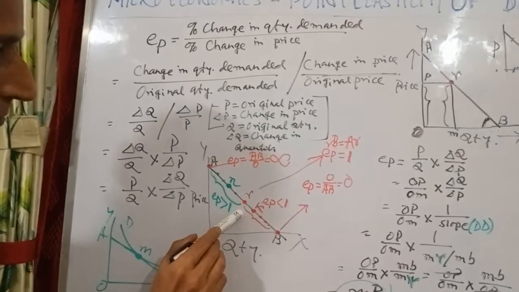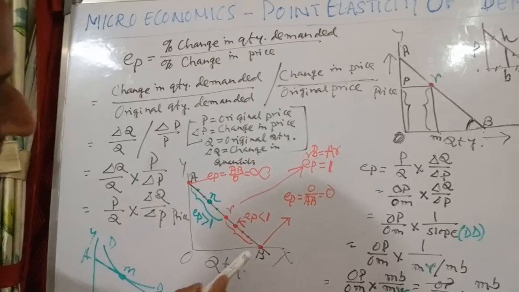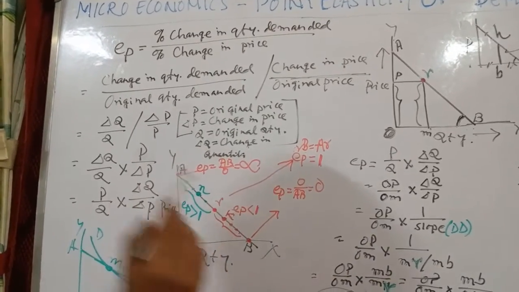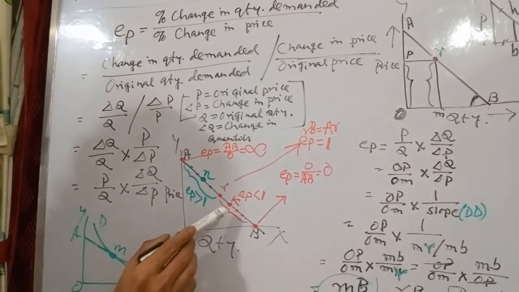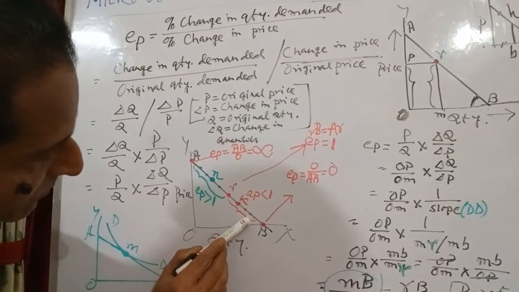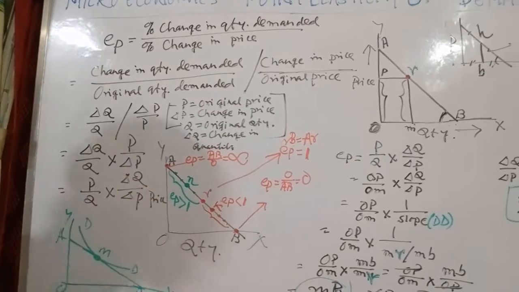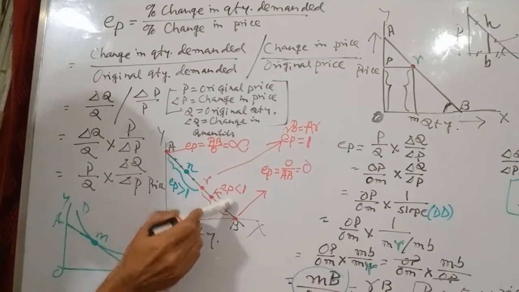Elasticity at any point in between R and B will be less than 1. Why? Because in the context of any point in between R and B, lower segment is less than the upper segment. So EP is less than 1.